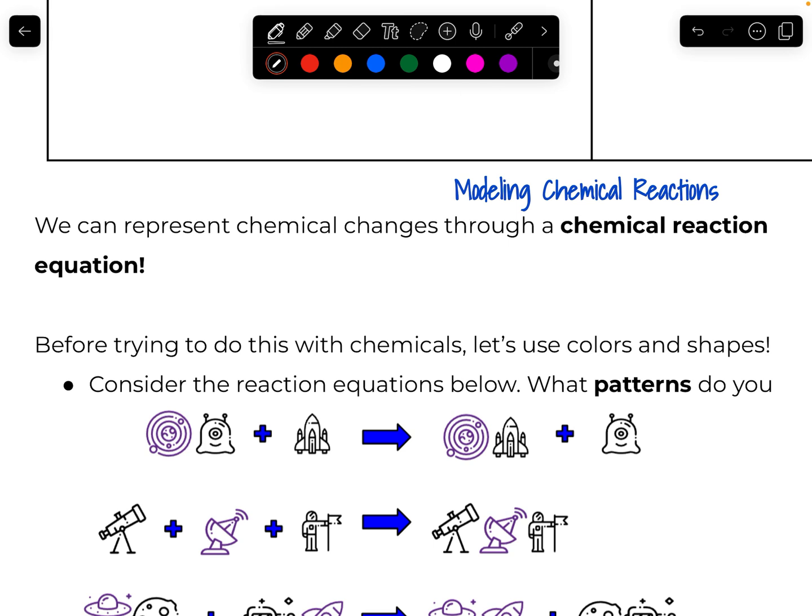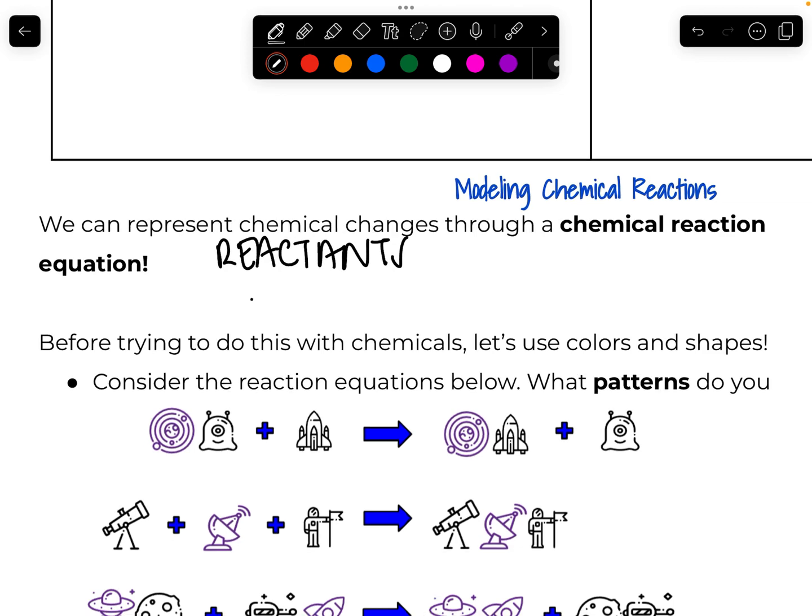Let's say you had the original matter at the beginning. That original matter goes by the name reactants. Oops, I totally spelled this wrong. Reactants. There we go. So this is your original matter, all of the stuff that you had present before.